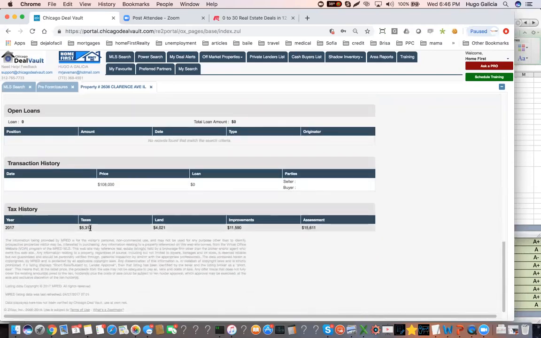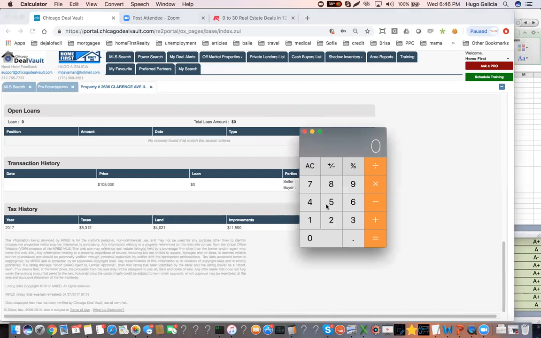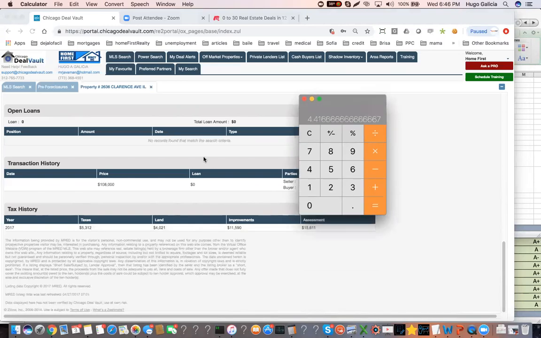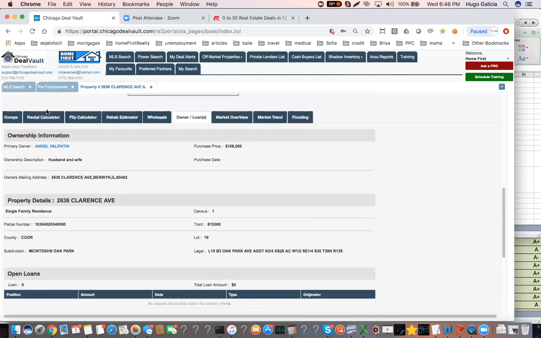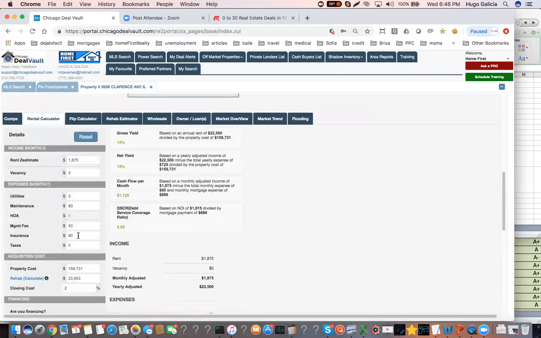So the taxes on this property are $5,300. So I'm going to divide 53 by 12 to get the monthly expense for the taxes. So it's going to be about $440. So if I go back up to the mortgage calculator, I'm going to put in $440 for the taxes.